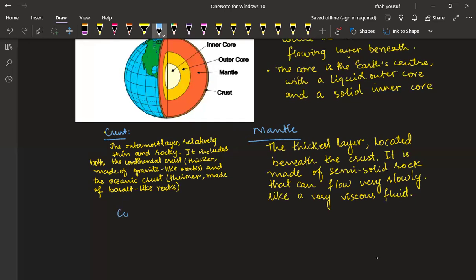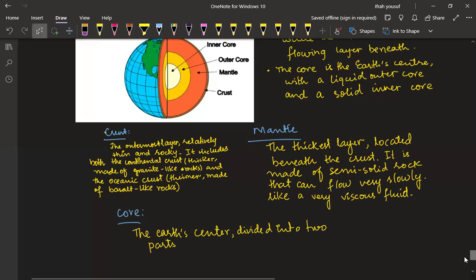Then we will talk about the core. The Earth's center, divided into two parts, the outer core and the inner core.